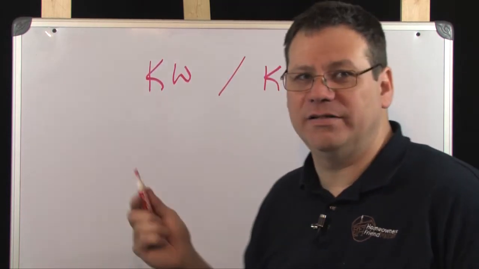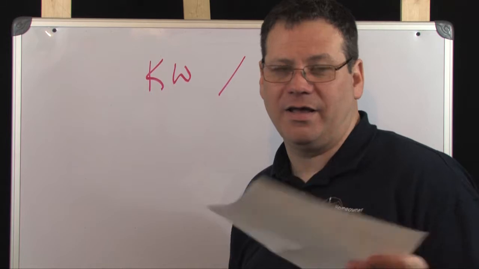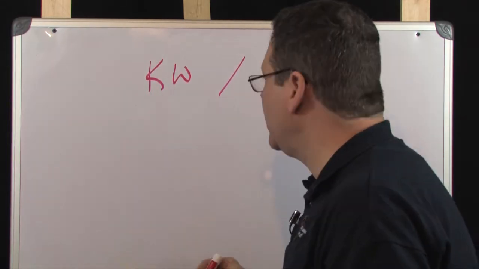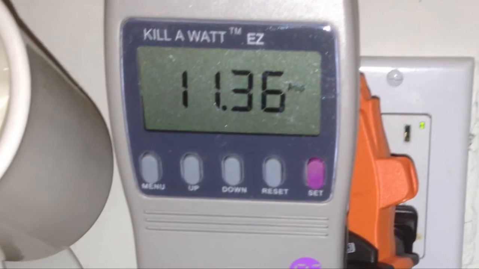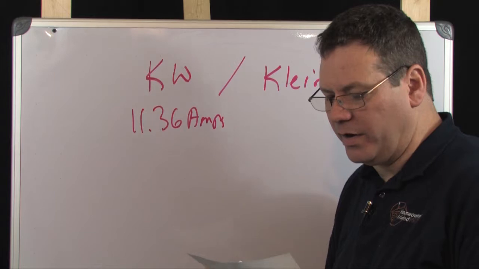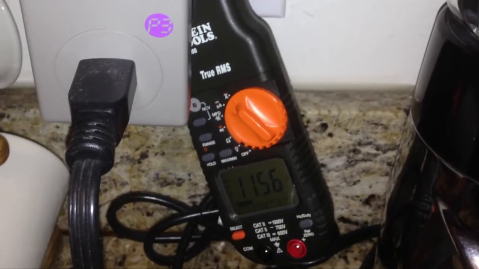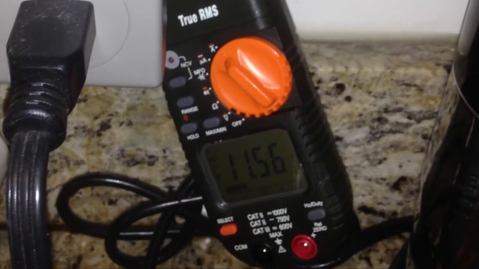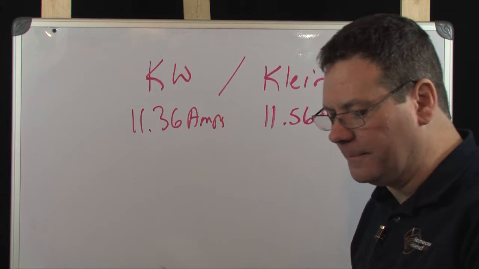So with these two meters, I did a little experiment. On the kilowatt meter, it read 11.36 amps when I went into that mode of the meter, and the Klein clamp meter read 11.56 amps. 0.2 amps when you're talking 11, that's not bad. That's pretty accurate.